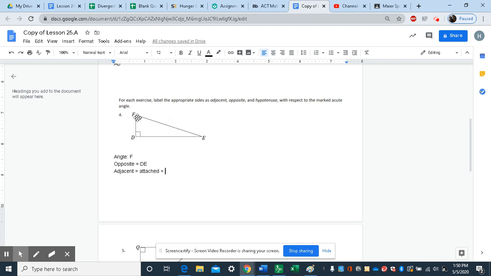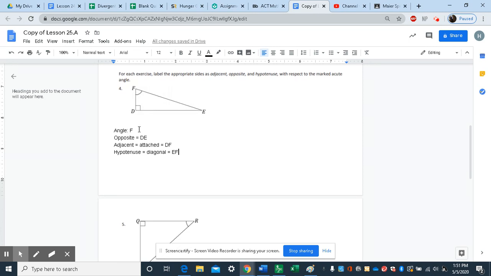We have angle F, so the side that's attached that isn't the diagonal would be DF. And the hypotenuse is the diagonal. The hypotenuse is always going to be the diagonal. So the diagonal in this case is EF.